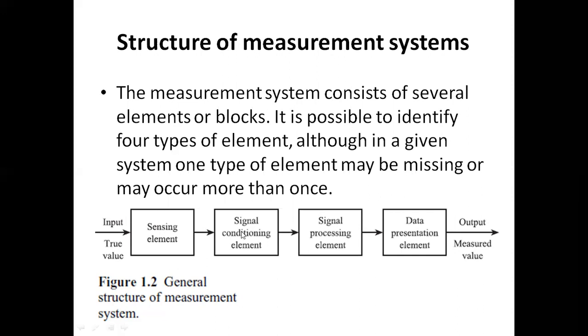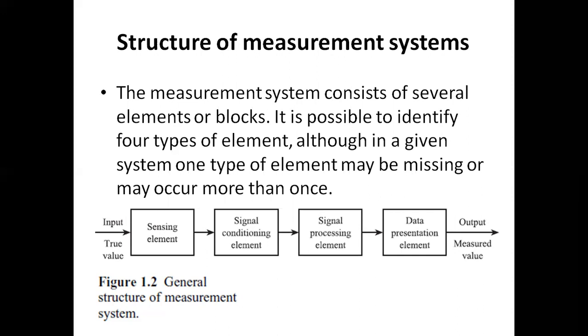Then that signal is taken to another block that we are calling the signal conditioning element. And the signal conditioning element transforms the input from the sensing element to a form which is more suitable for further processing. And we are going to say more about that shortly.